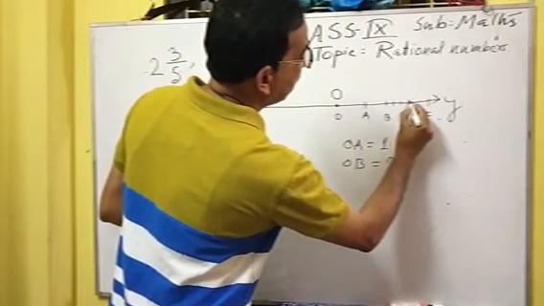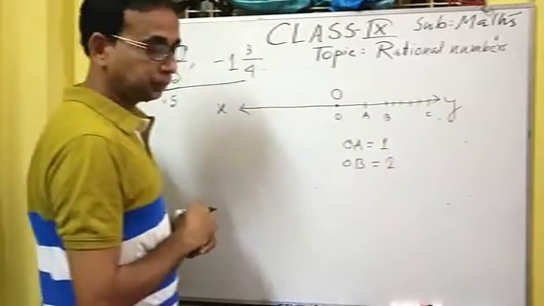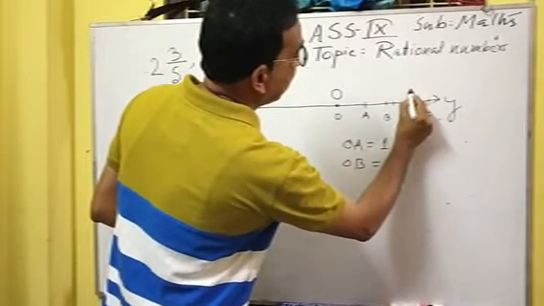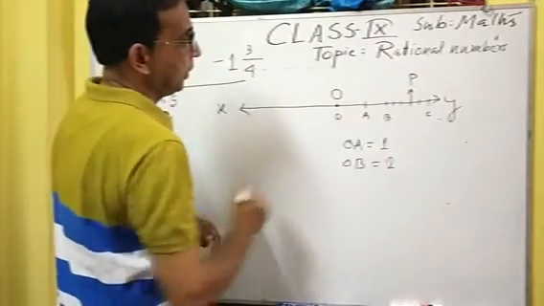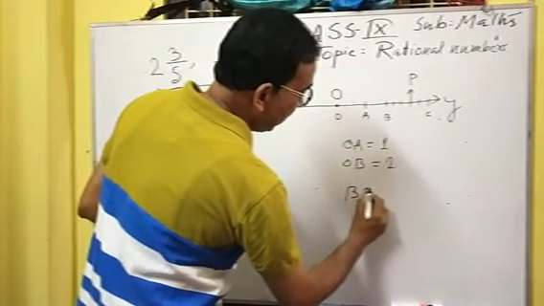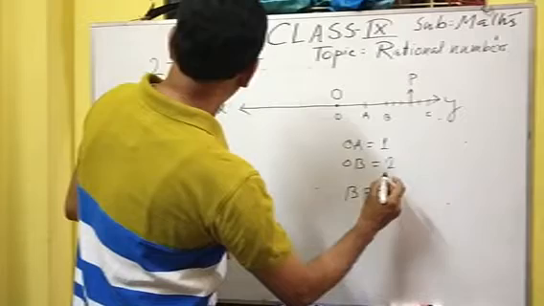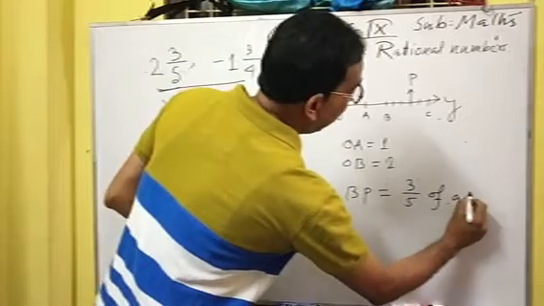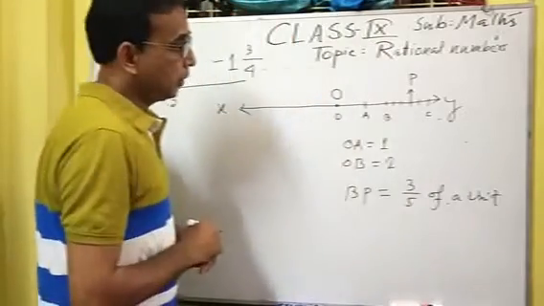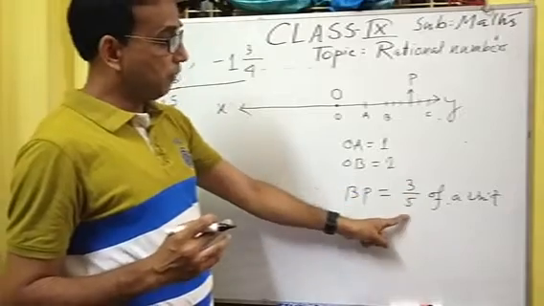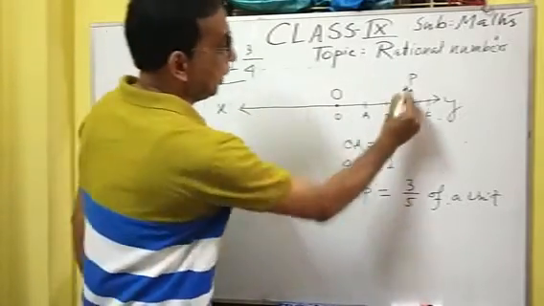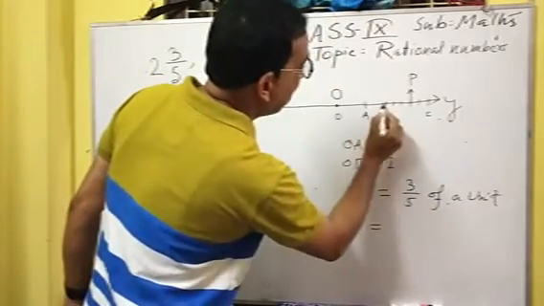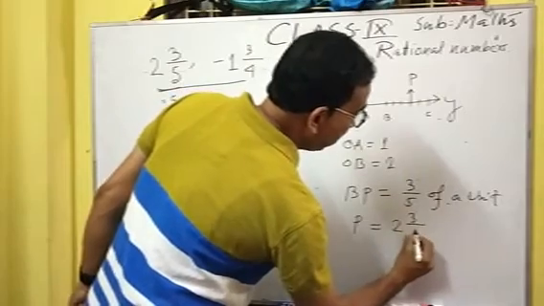1, 2, 3, 4, 5. Then 1, 2, 3. This is P. Here BP is equal to 3 by 5 of a unit, and P represents 2 whole 3 by 5.